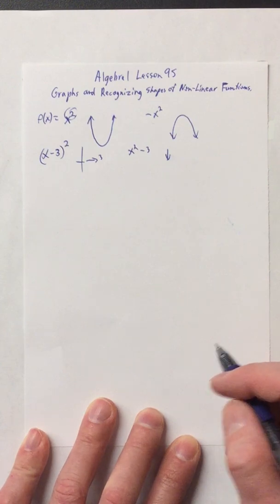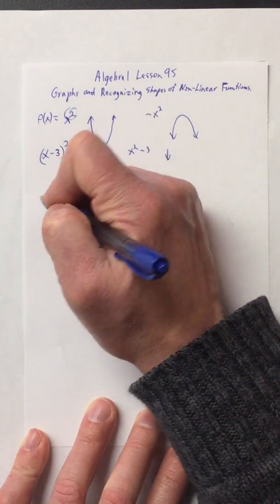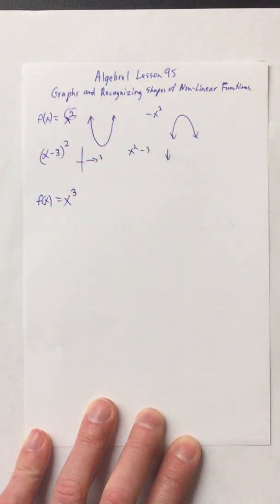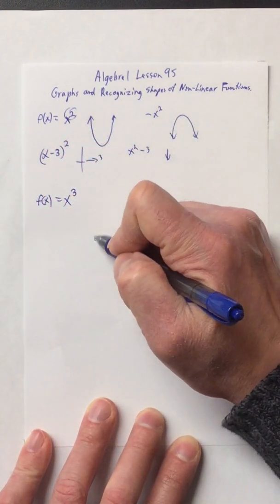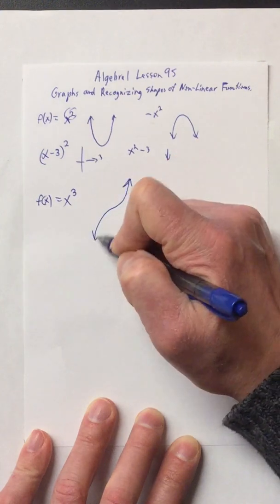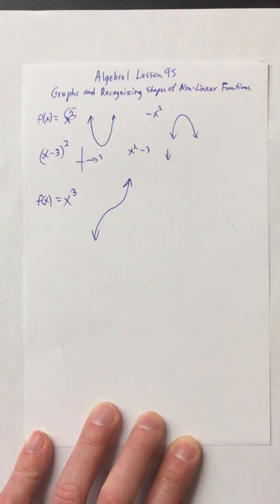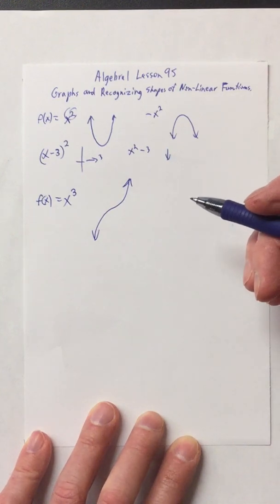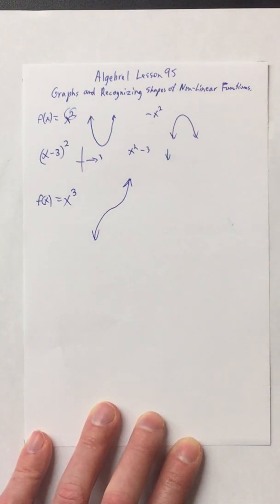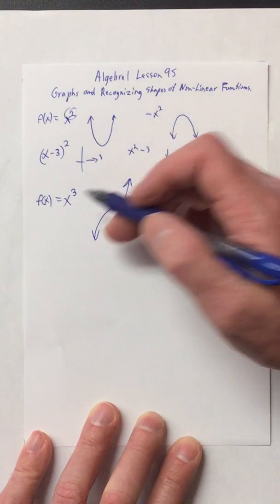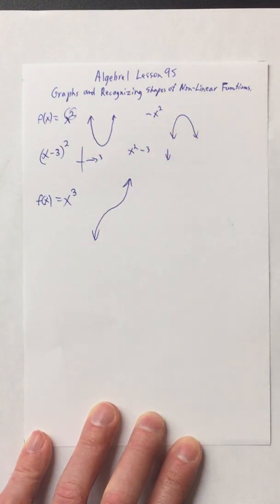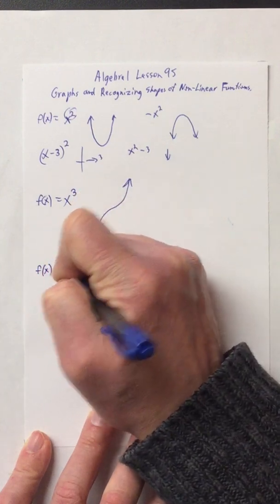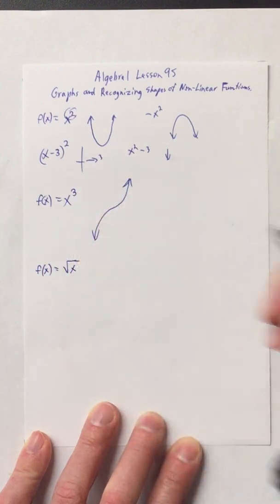Okay, what happens if it has a cubed? F of x is equal to x cubed. Well, if it's cubed, it's going to give you a shape that kind of looks like this. Okay, and then it shows you just what happens as far as the shifts or the inverting and all that, depending on how the equation gets modified. All right, then let's say we have f of x is equal to a square root.